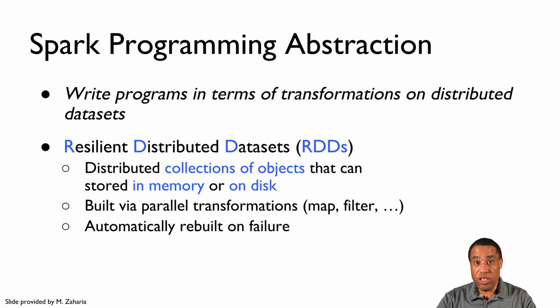So if a machine fails while you're doing a transformation, if a disk fails, if an RDD that's stored in memory is on a machine that fails, none of that matters. The RDD will automatically be rebuilt when you need to use it. So that makes it resilient in the presence of failures.